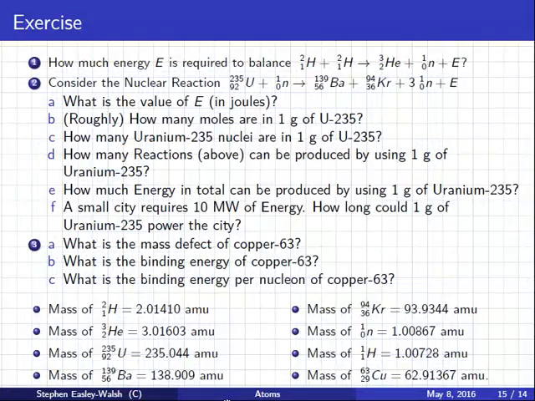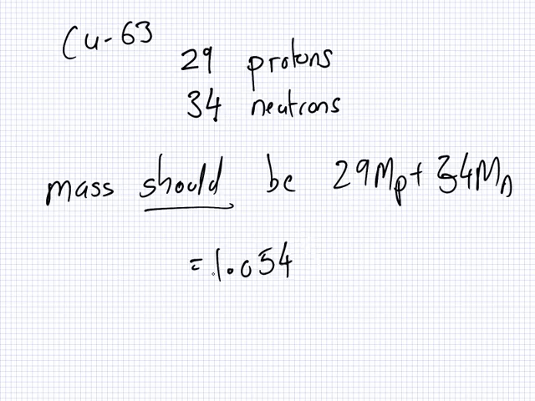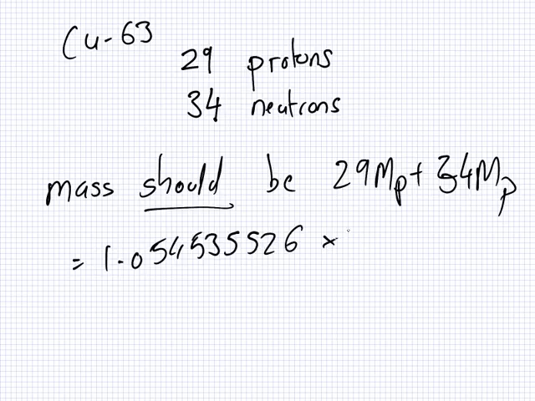Okay, now the mass of copper 63 is actually 62.91367. Let me add in more decimal places here. 1.054535529 times 10 to the minus 25 kilograms.